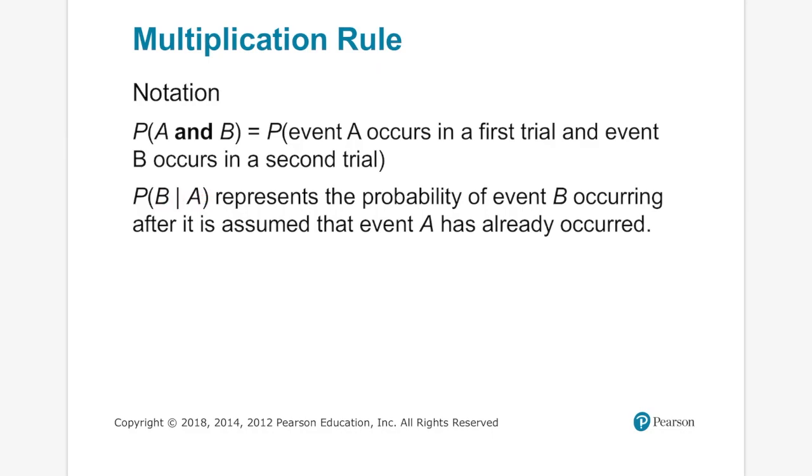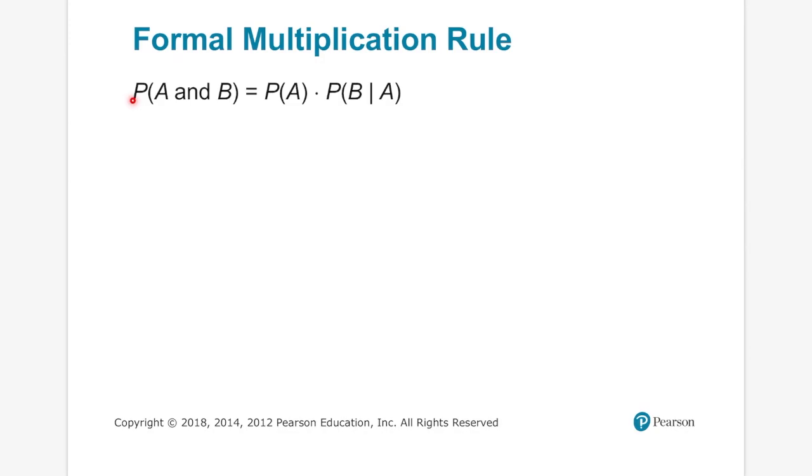Probability of B given A represents the probability of event B occurring after it is assumed that event A has already occurred. This is the multiplication rule. To find the probability of A and B, we take the probability of A multiplied by the probability of B given A.